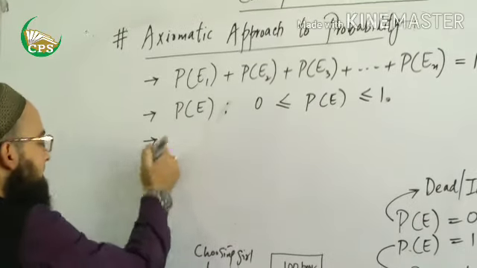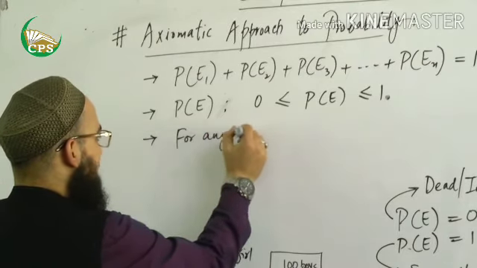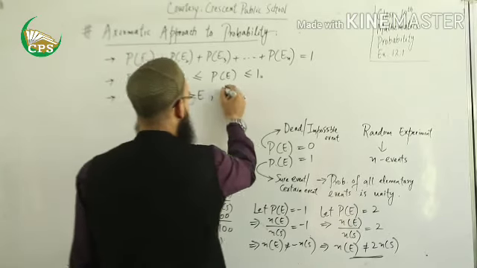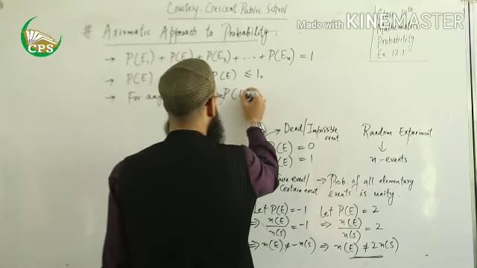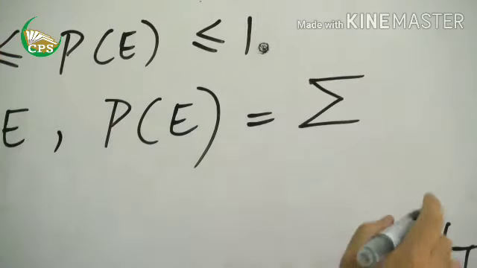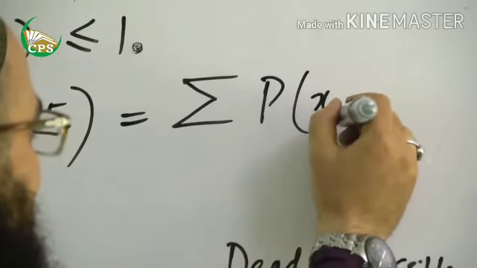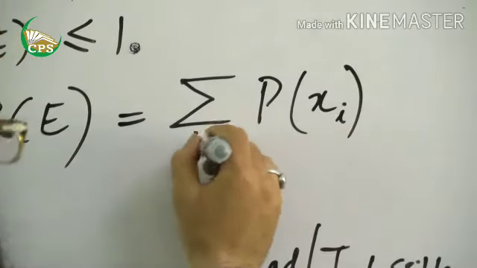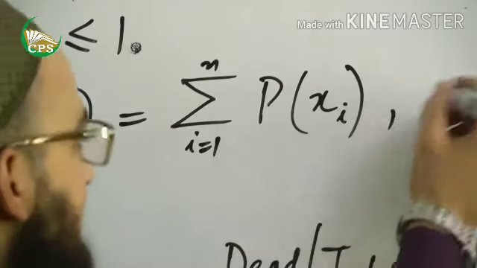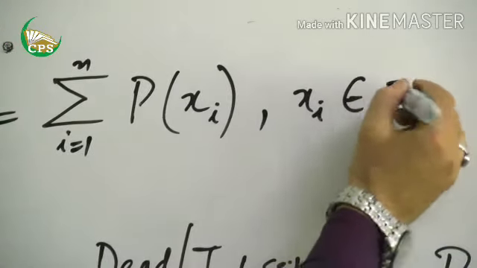Now the last one is that for any event, let us say E, probability of E is equal to the summation of probability of xi, where i ranges from 1 through n, such that xi belongs to E, that event.